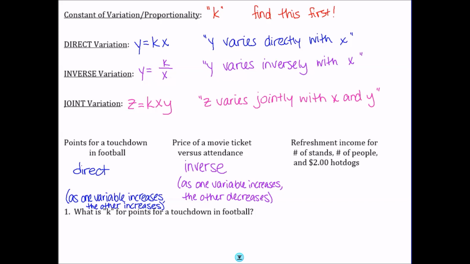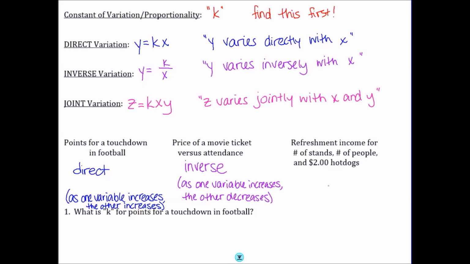And lastly, we have refreshment income for the number of stands, the number of people, and the price of $2 per hot dog. So if we're talking about a baseball game and you want to figure out how much money they make from selling refreshments, they would need to take into consideration the size of the ballpark or the number of stands, the number of people that are in each section or the number of people that are in attendance, and in this case, the price of a hot dog is $2.